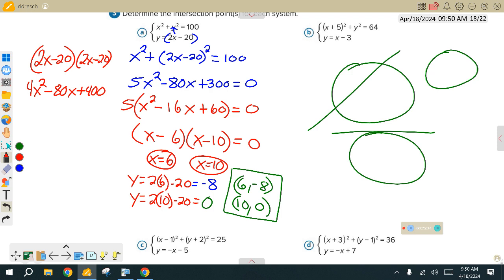Do they have to intersect? And if they don't intersect, how many solutions do we have? 0, or no solutions. So we could get 1 solution, 2 solutions, or no solutions. Those are options for a circle and a line. Can we get 3 solutions? No. It's a line. It can't curve back on itself or anything weird like that.